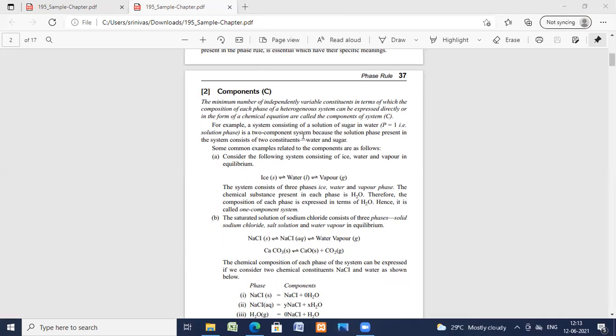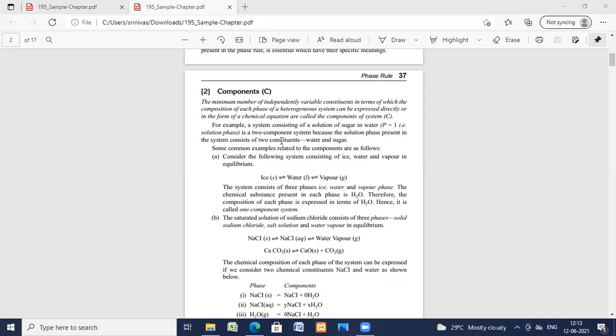Take a system containing a solution of sugar in water. The phase is one, the solution phase, but the components are two, sugar plus water. So it is a two component system. The solution phase consists of two constituents.